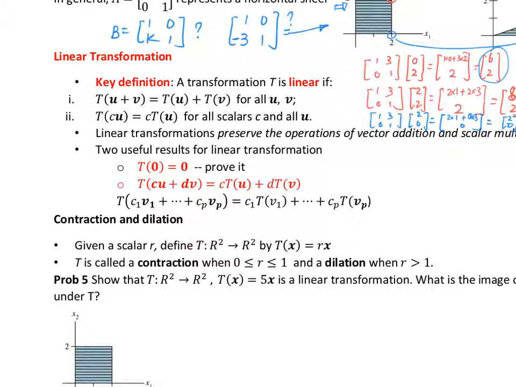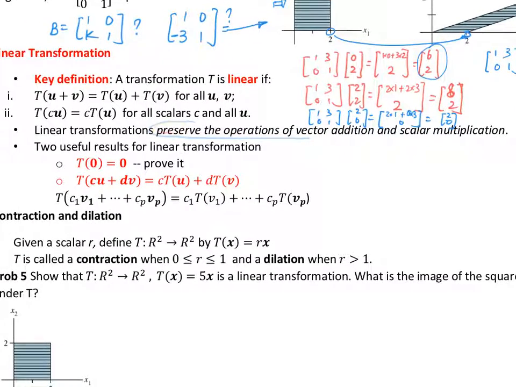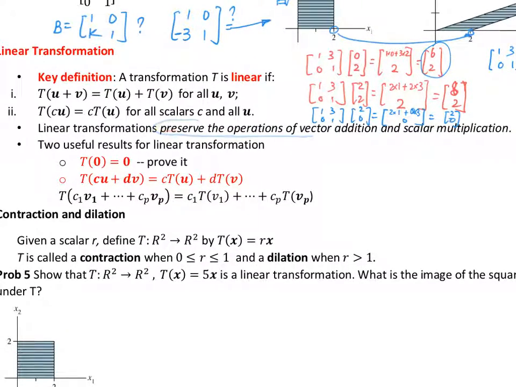Key important property to highlight: a linear transformation preserves the operations of vector addition and scalar multiplication. Geometrically speaking, it preserves straightness.